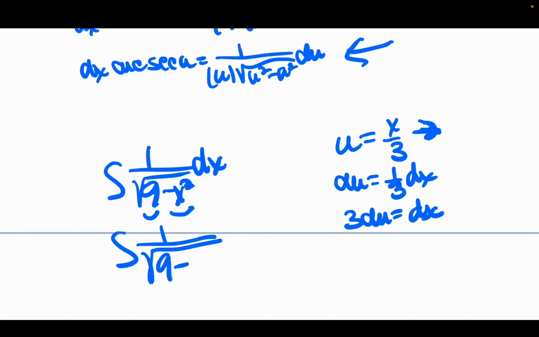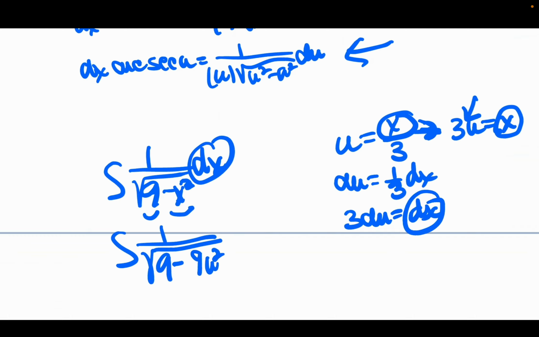It's weird looking at it at first, but you'll get used to it. So I'm going to say x is 3u. So now I've subbed in x squared is 9u squared. So I'm putting in for x, 3u. So I get 9u squared, and dx is 3 du.